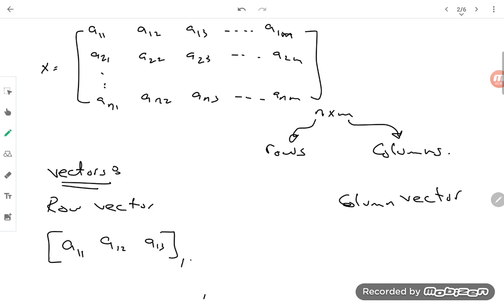So this is a 1 by 3 matrix, or known as row vector. While with respect to column vector, it consists of only one column. So this is a 3 by 1 matrix, which is a special case known as column vector.